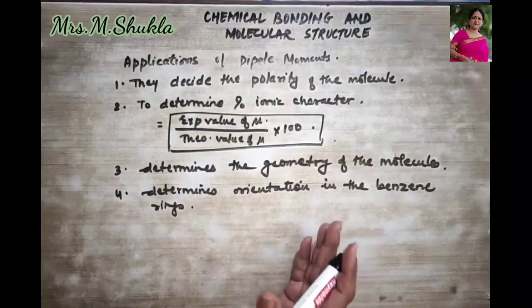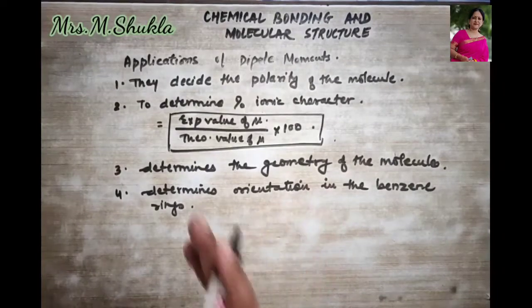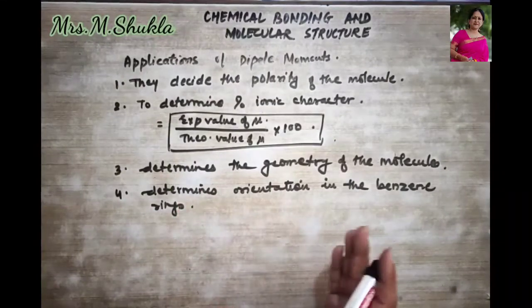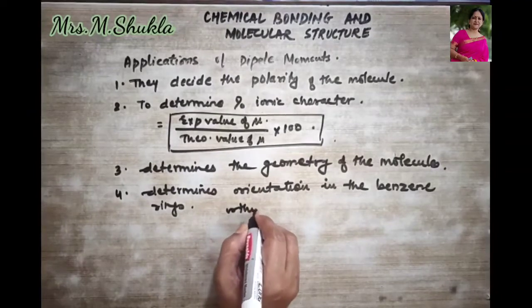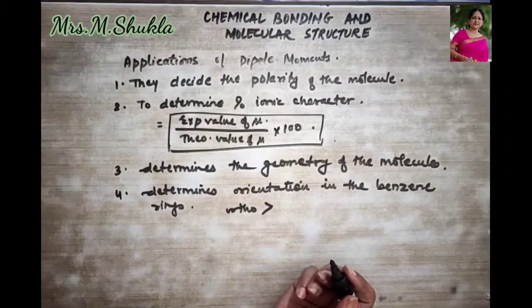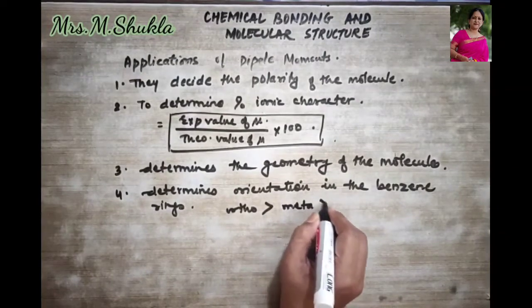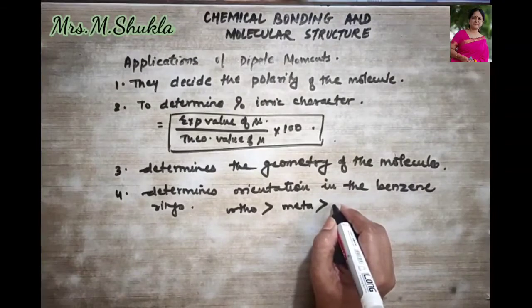That is, greater the dipole moment, greater will be the asymmetry. That is, ortho will have more dipole moment than the meta, than the para, right? Over here, ortho will have more dipole moment than meta, and the least dipole moment over here will be that of para.